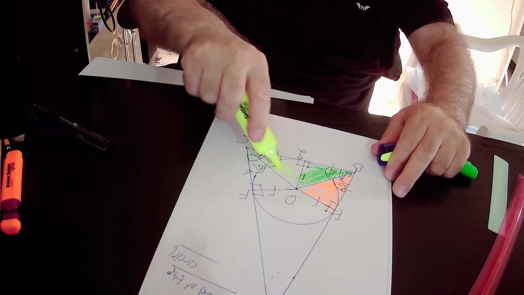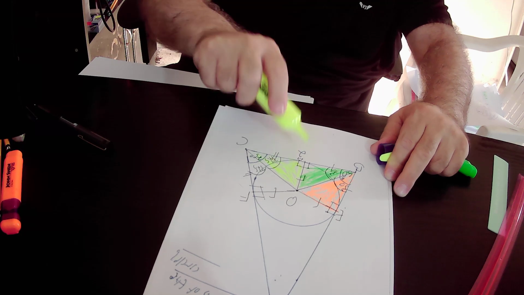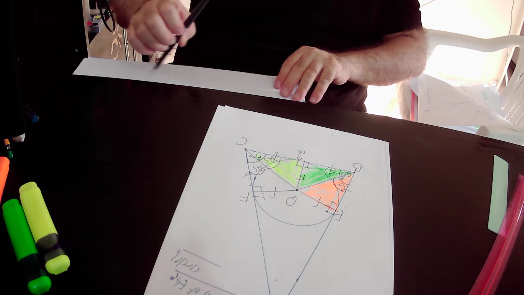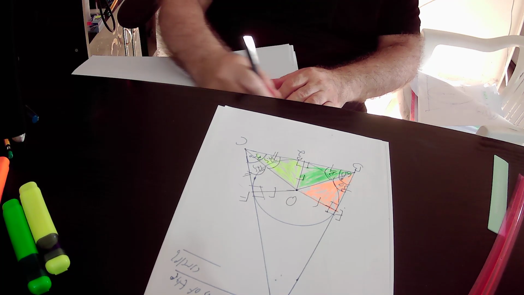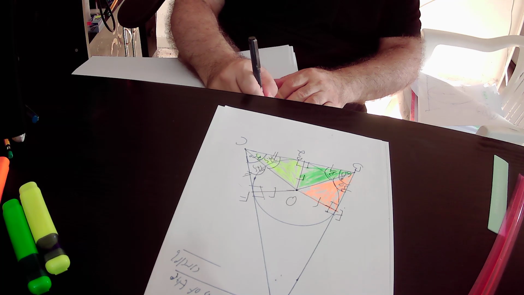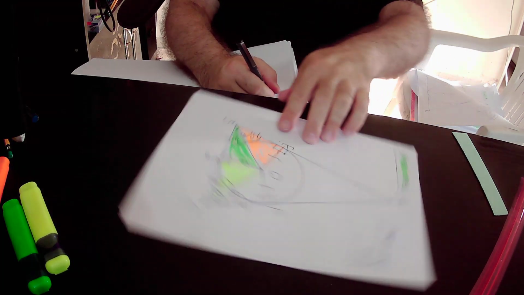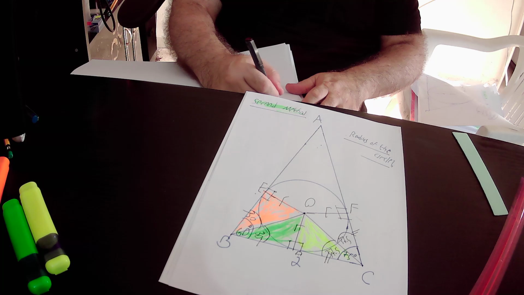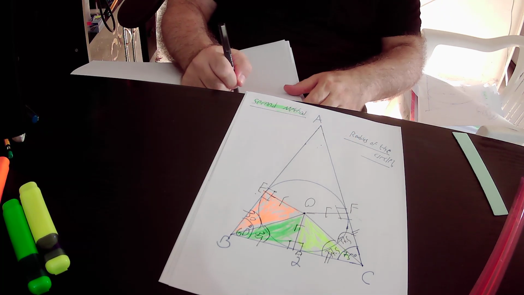In the right yellow triangle, triangle ODC, tangent 37.5 degrees is equal to OD over DC.